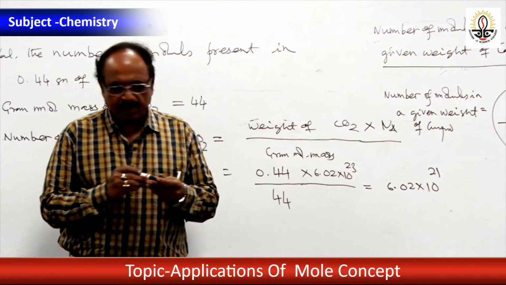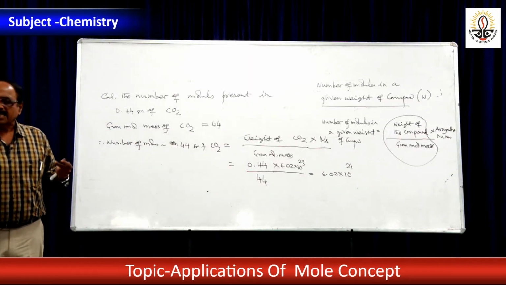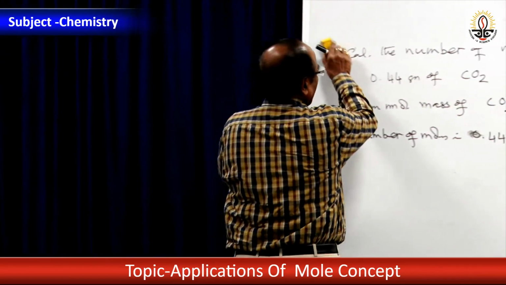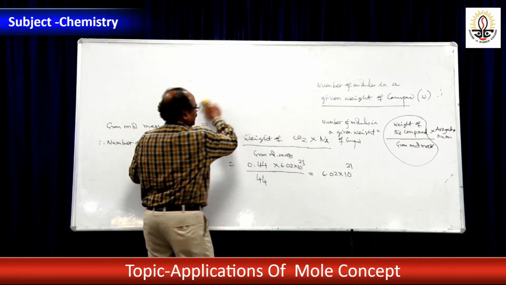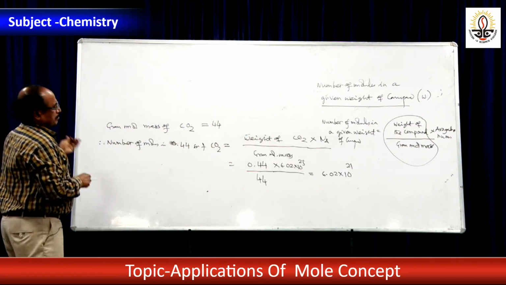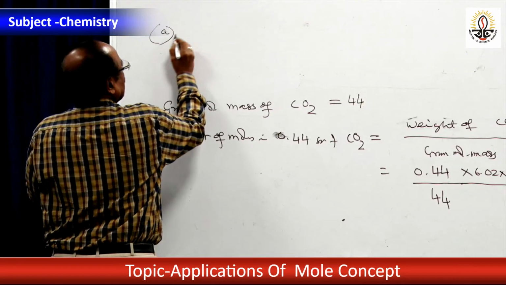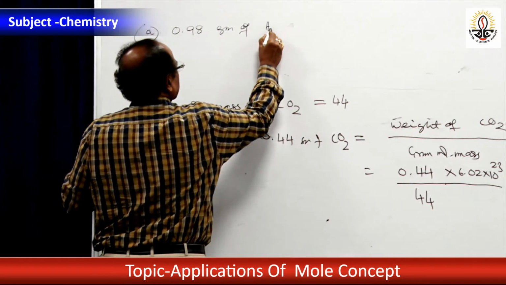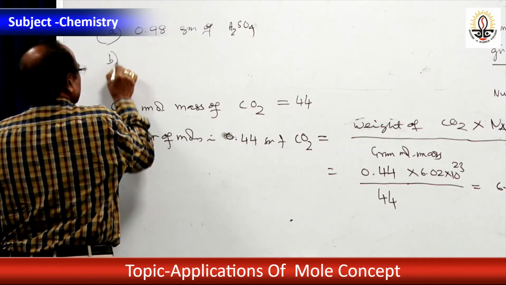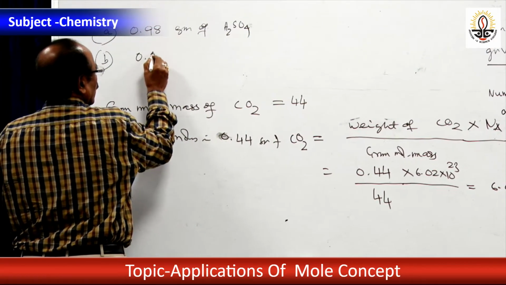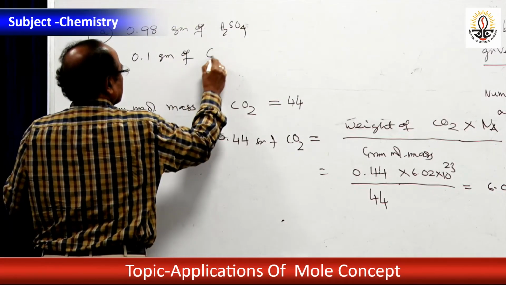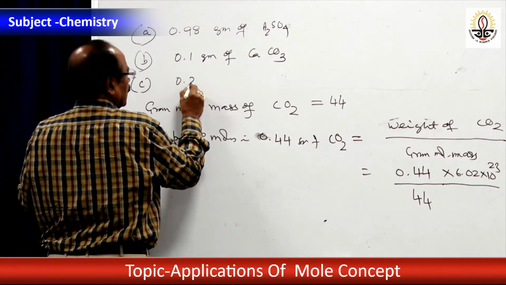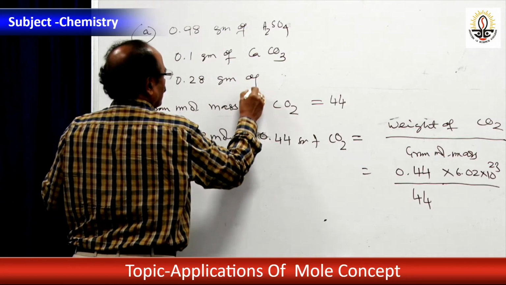Suppose someone asks you to calculate the number of molecules. You can take it as homework: calculate the number of molecules present in 0.98 grams of sulfuric acid, 0.1 gram of calcium carbonate, or 0.28 gram of ammonia.